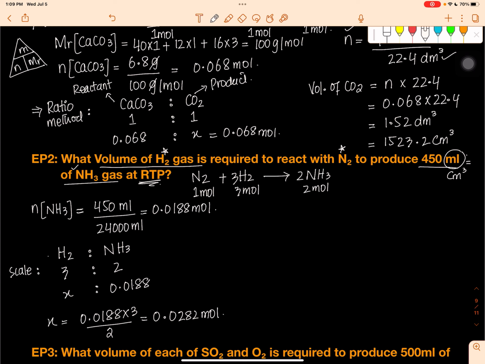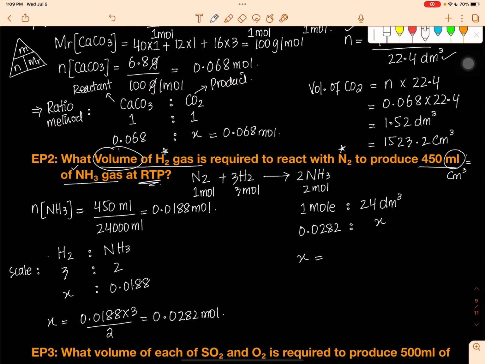These are the number of moles of hydrogen that are required to produce 450 ml of ammonia. But they want us to give the answer in volume, so we can use the ratio method here. We say that 1 mole occupies 24 dm cube at RTP, so 0.0282 will occupy how much? That is x.